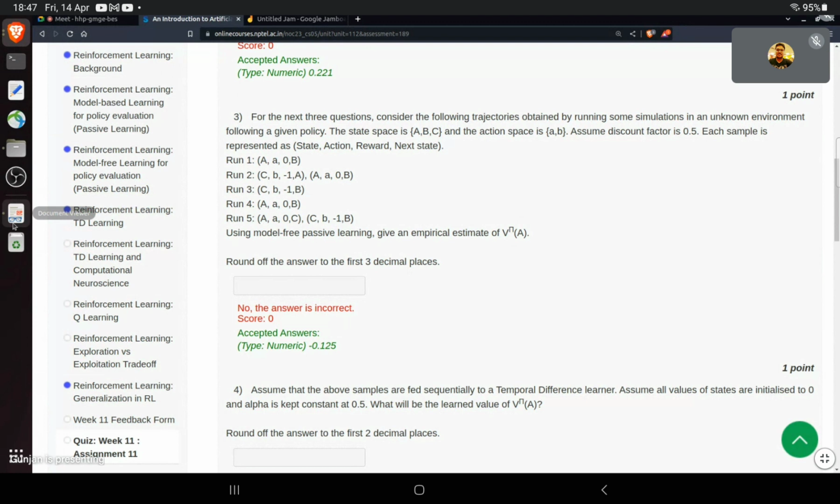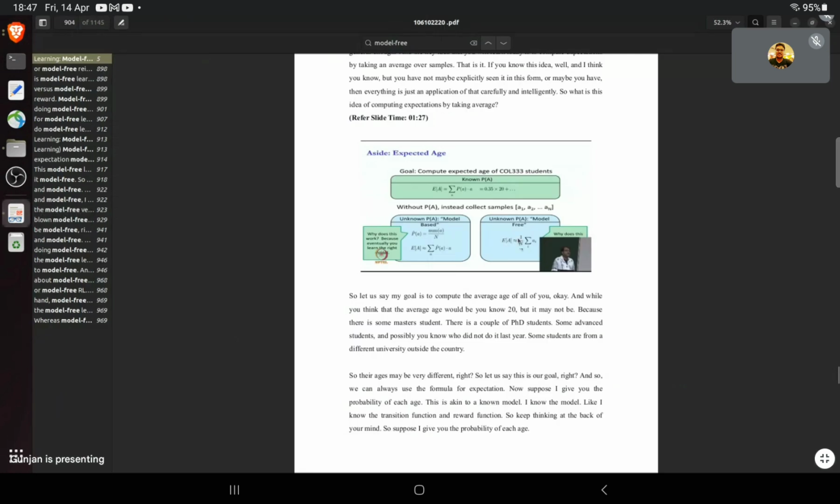See, in the slides, it is not asking you to calculate p hat of A and e of A. I didn't calculate any probability. I simply added the rewards for V pi C. The only thing was I was using V pi C to calculate V pi A, because A was ending with zero rewards.